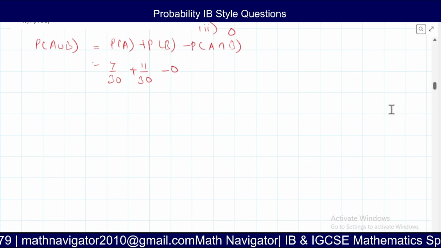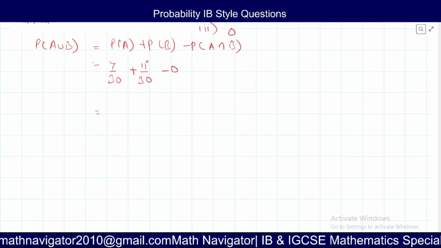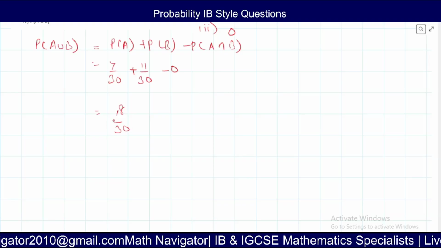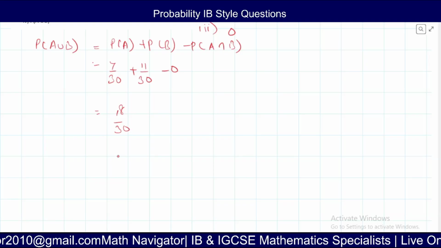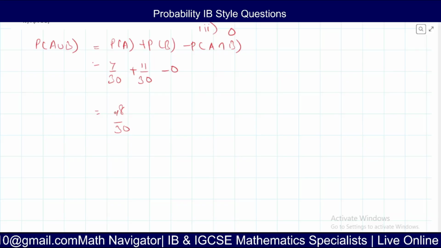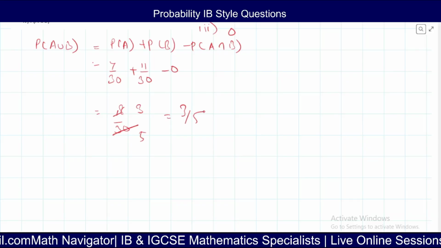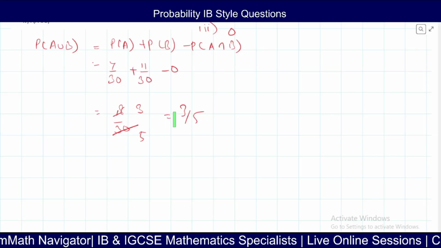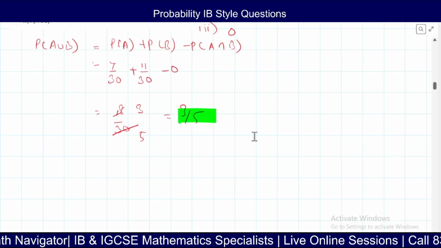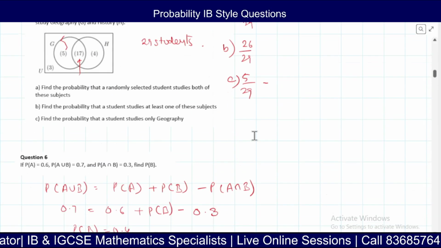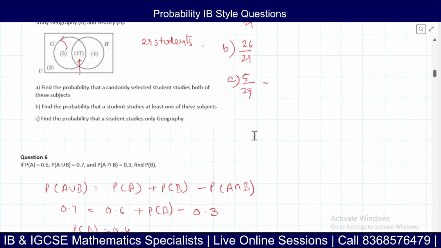So my answer is 18 over 30. You can further simplify it: 6 threes are 18 and 6 fives are 30. So 3 over 5 is the final answer. I hope this is clear. Perfect, right? Now let us move to the next question.